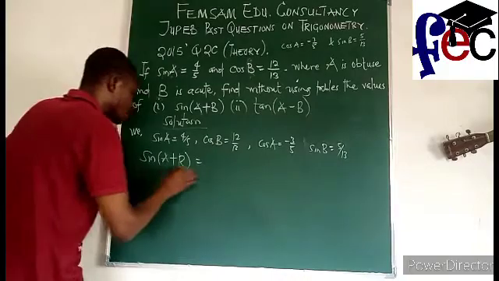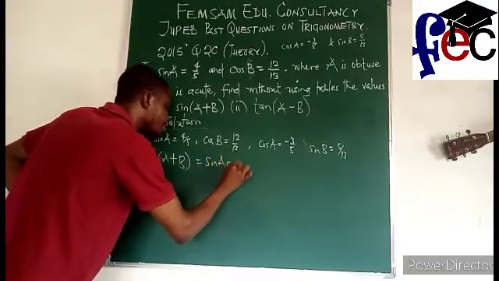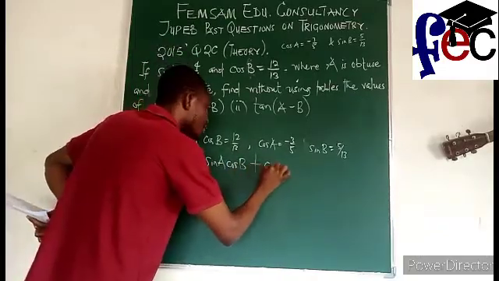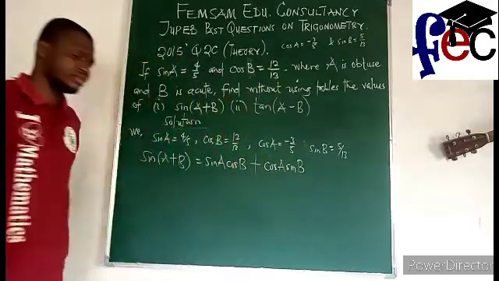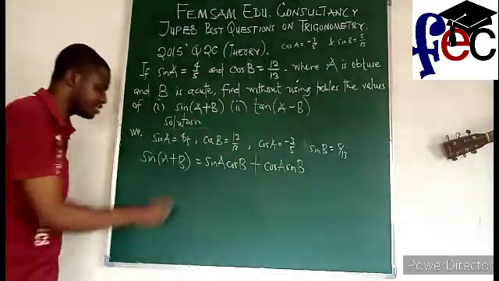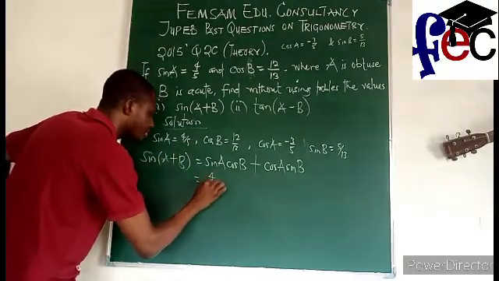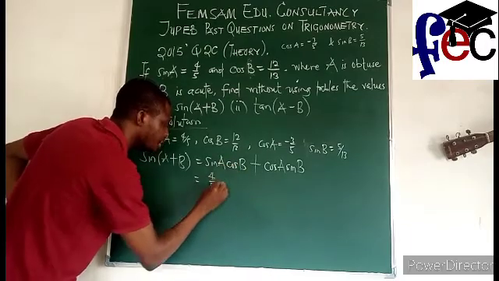Sine A plus B is sine A cos B plus cos A sine B. Very easy. So what will this give us? What is our sine A? 4 over 5. The operation between sine A and cos B is multiplication.